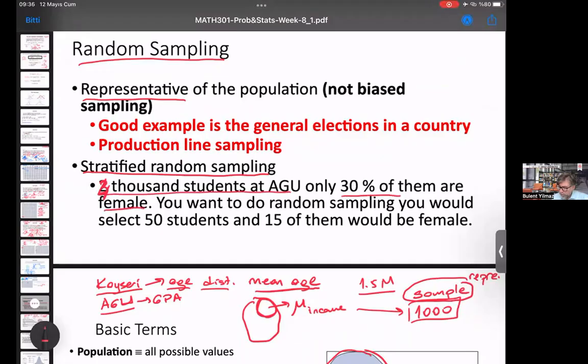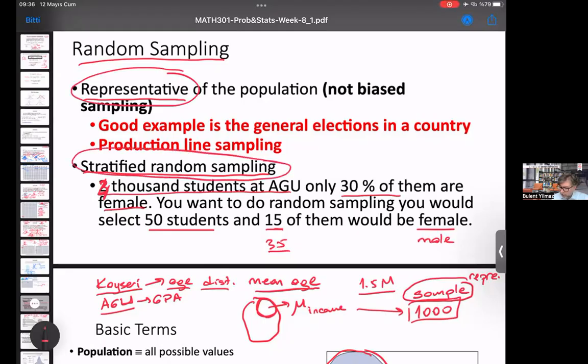What should I do in order to select 50 students? 15 of them should be female and 35 of them should be male students, in order to do some calculations related to gender. So these are critical things. I have to have representative samples. I can do some stratified random sampling.